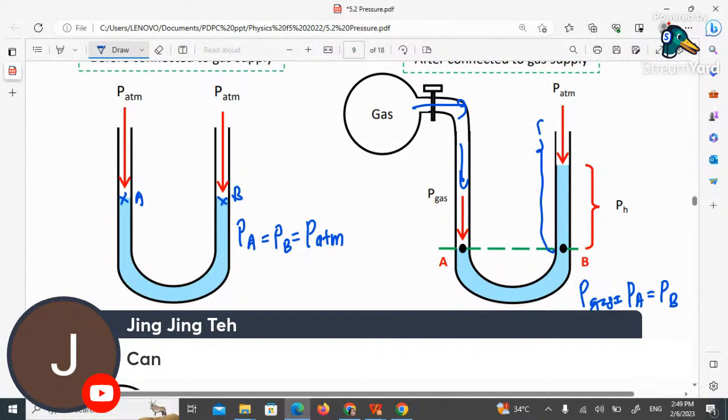If this part is open, there is atmospheric pressure. If closed, no atmospheric pressure. This one is open to air, so there is atmospheric pressure plus ρgh. Let's say this one is H. So P gas equals atmospheric pressure plus H.